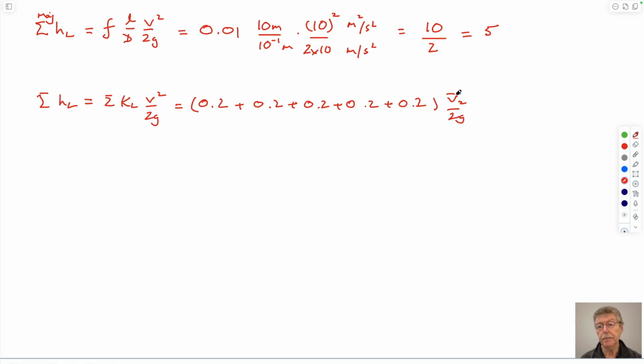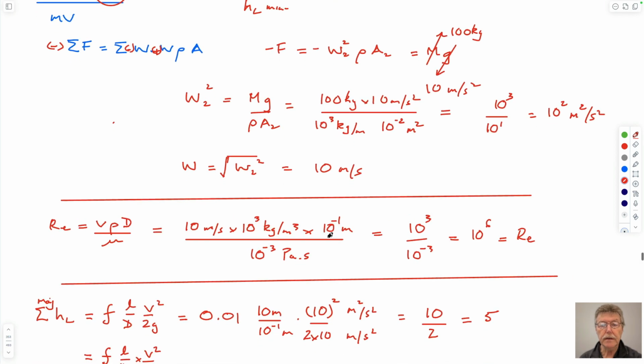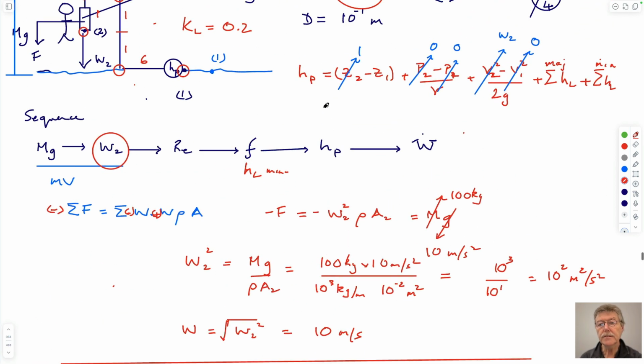This is the velocity in the pipe. And I guess what I want to do with this is write it out as friction factor times length over d times v squared over 2g, but keep this equation out. So let me rewrite the energy equation. The energy equation that we had will be this.